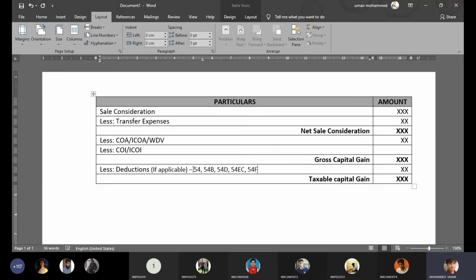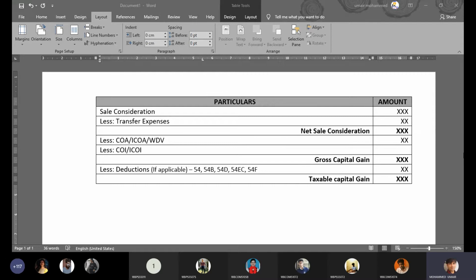So the Income Tax Department wants you to use its provisions to minimize the tax liability instead of indulging in tax avoidance and tax evasion. So all these provisions, all these deductions, section 54, 54B, 54D, 54EC and 54F, are designed to provide relief to the taxpayer, provided he meets the conditions specified in these sections. So in today's class, probably we will discuss the first two sections, which is section 54B and section 54D.